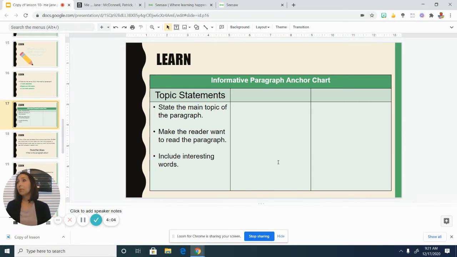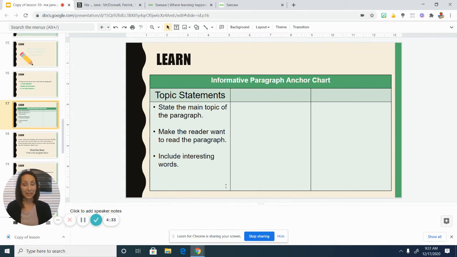Just like a commercial that you see on TV that tries to grab your attention and say, this is the best toy, this is the most fun toy. They have exciting words, maybe fun, happy music. It's meant to grab your attention. That is the same as with a topic statement, that we want the reader to be interested in reading the rest of the paragraph.